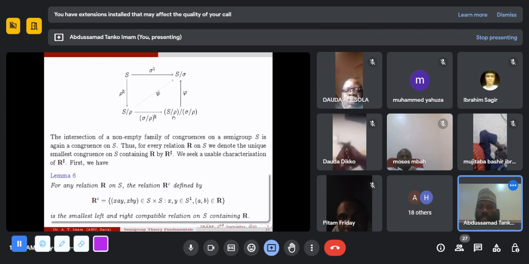So actually, the thing to take note is here in semigroup theory, we use congruences in forming quotient semigroup, not sub-semigroup. Whereas in group theory, one will take a normal subgroup and then we form a quotient group using normal subgroup.